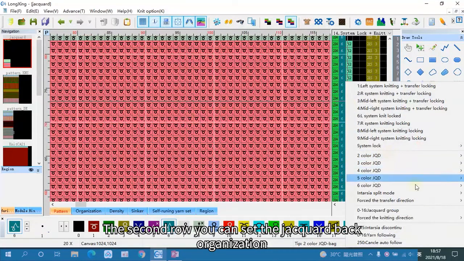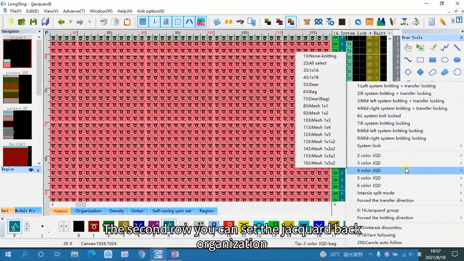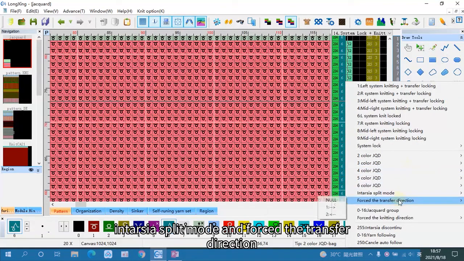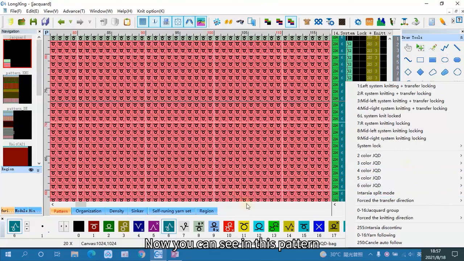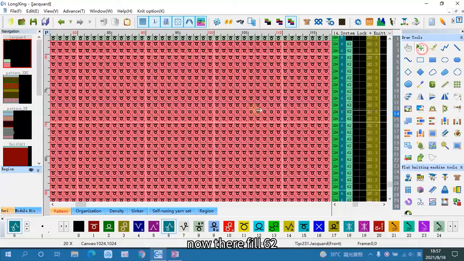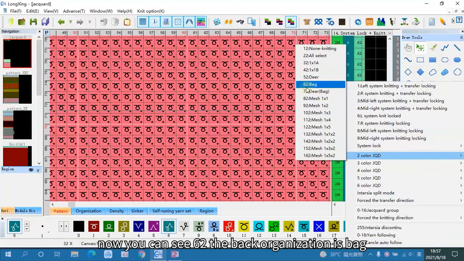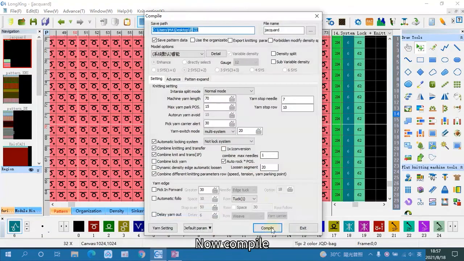The second row, you can set the jacquard back organization in Intasha split mode and force the transfer direction. Now you can see in this pattern, now there fill 62. Now you can see 62, the back organization is back. Now compile.